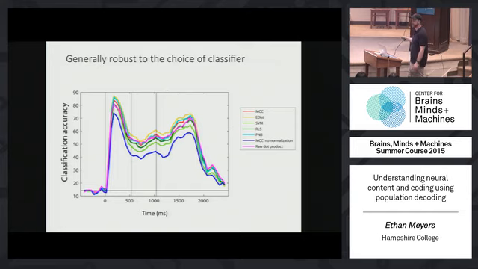So here's the maximum correlation coefficient classifier I told you about. Here's the support vector machine. You can see almost everything looks similar. When something is not working as well, it's generally a slight downward shift. So you get the same estimation of how much information is in a brain region as a function of time, but maybe your absolute accuracy is a little bit lower if you're not using the optimal method. Really, it seems like we're assessing what is in the data and not so much the algorithm.